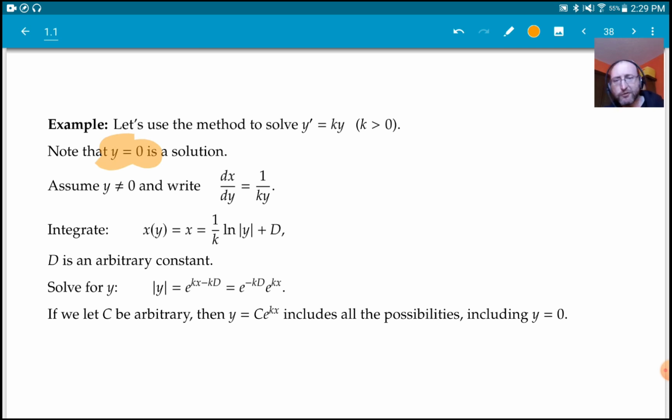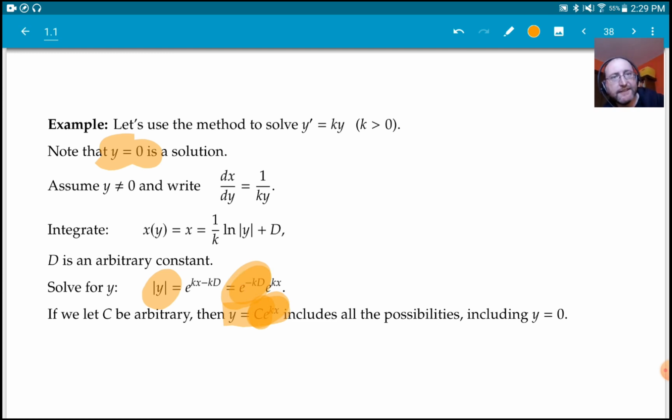If we think of c as arbitrary, it includes when y was positive, in which case there were no absolute values and a positive constant. When y was negative, you could remove the absolute values but put a negative sign here, meaning the constant was negative. And when c is 0, then y is 0.